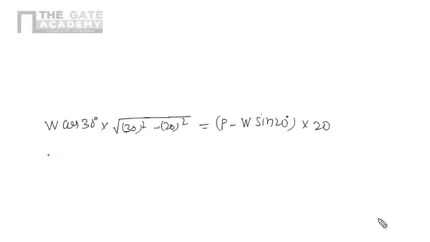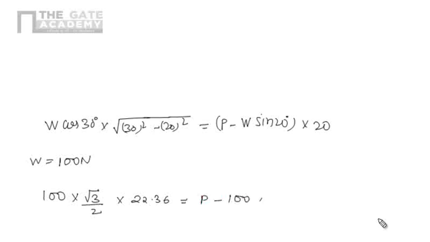The value of W is given, that is 100 Newton. So 100 cos 30 is root 3 by 2, into this value 22.36, equals to P minus 100 sin 30 degree, sorry, sin 30 degree, so it will be 1 by 2, into 20.